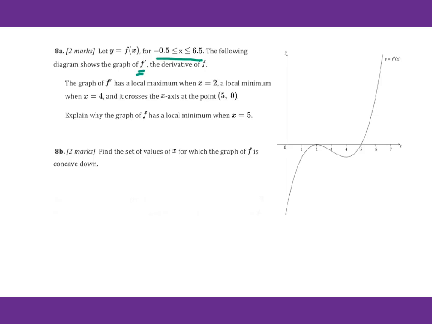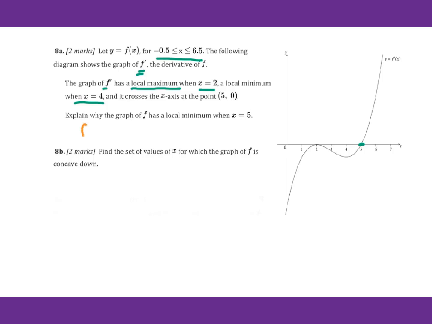The graph of f prime has a local maximum when x equals 2, a local minimum when x equals 4, and it crosses the x-axis at x equals 5. Explain why the graph of f has a local minimum when x equals 5.